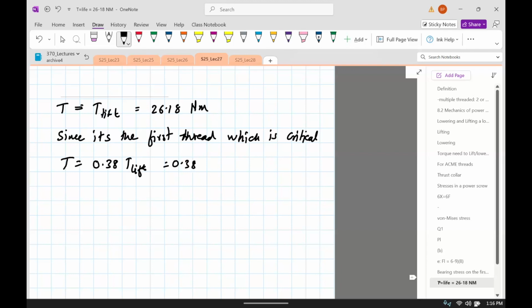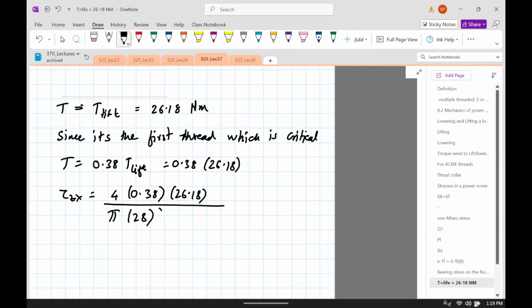So 0.38 times 26.18. Tau zx equals 4 times 0.38 times T lift divided by pi times dr, which is 28, NT, since we're looking at the first thread only, it's 1.